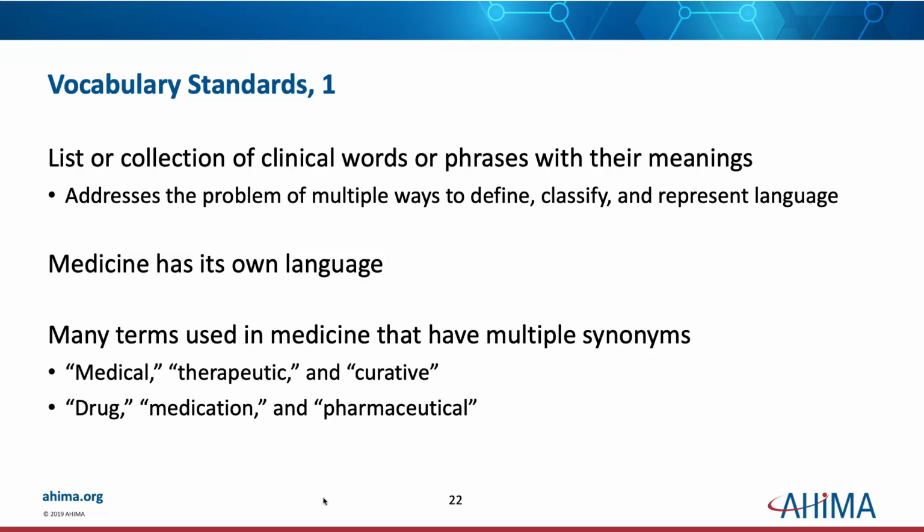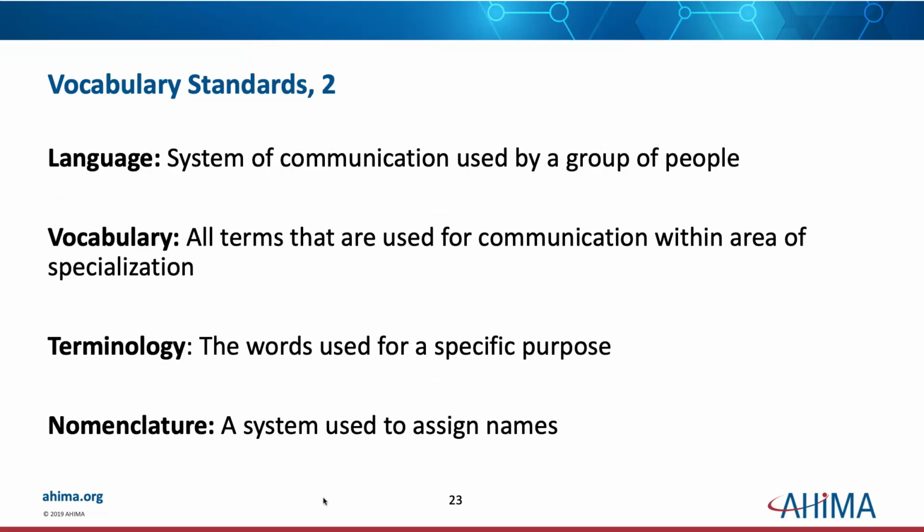Several terms fall into the concept of vocabulary standards, including language, vocabulary, terminology, and nomenclature. So let's talk about those, because you'll need to know these. Hint, hint, hint. Language is a system of communication used by a group of people. Vocabulary is all the terms that are used for communication within an area of specialization.